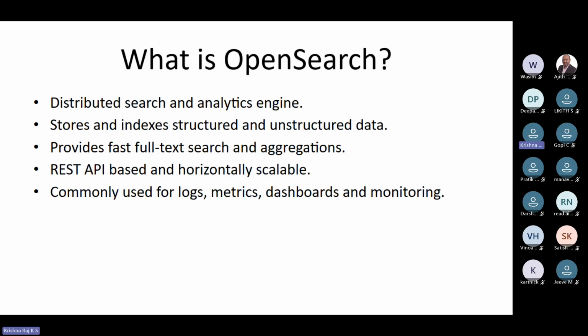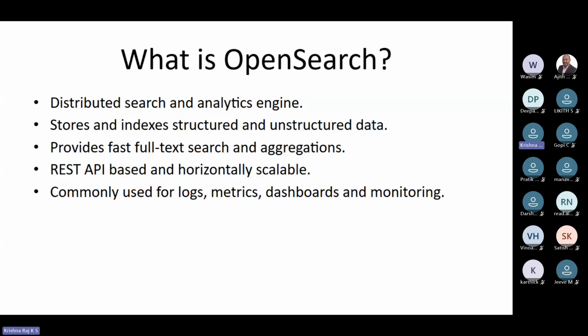Let's start with what is OpenSearch. OpenSearch is nothing but an open source search and analytics engine, which is forked from the earlier old project called Elasticsearch from Amazon. It helps to store structured and unstructured data in OpenSearch to provide full text search and aggregations.